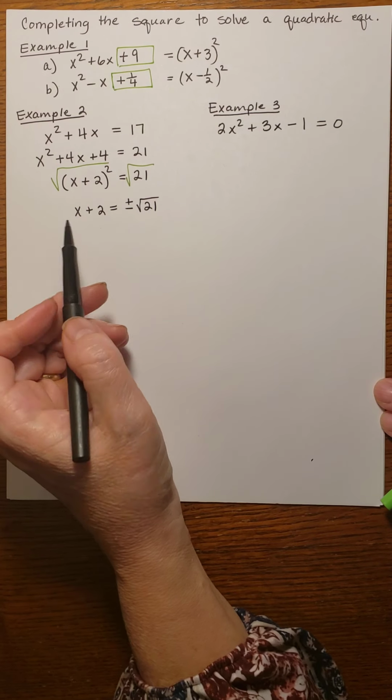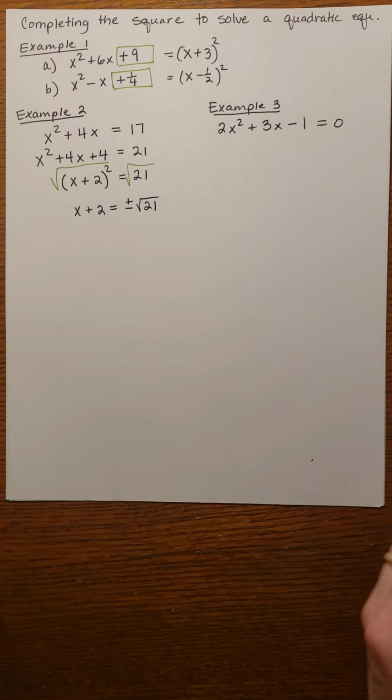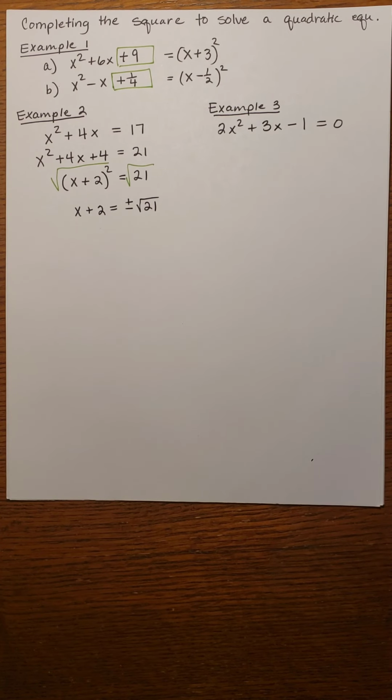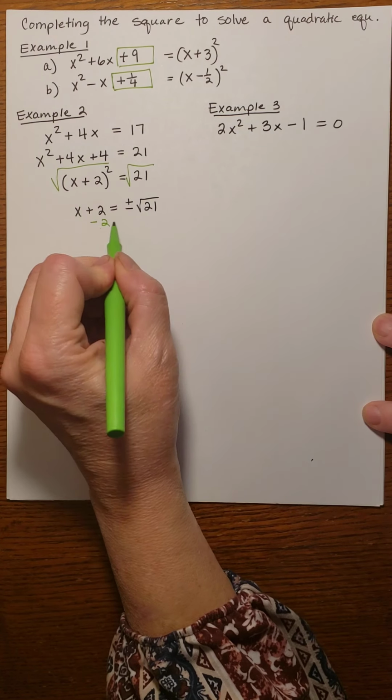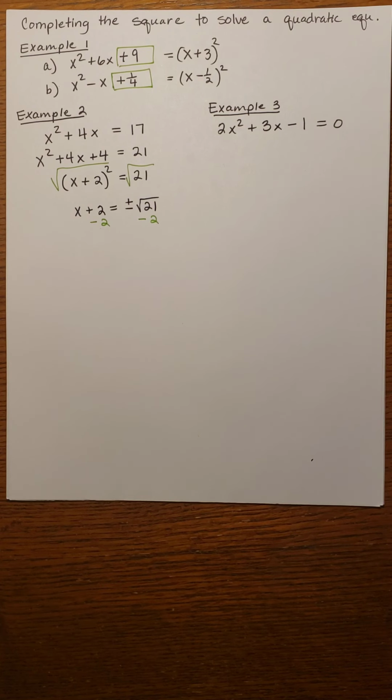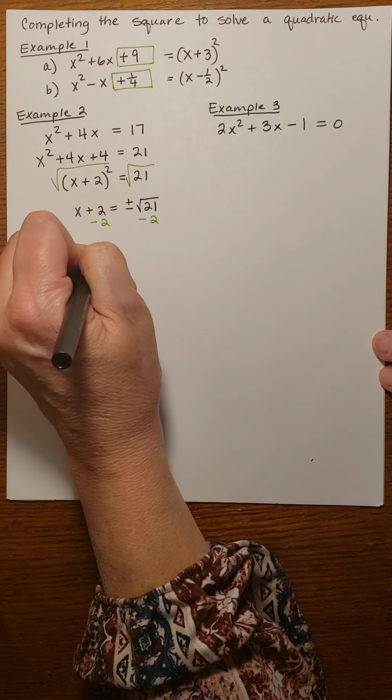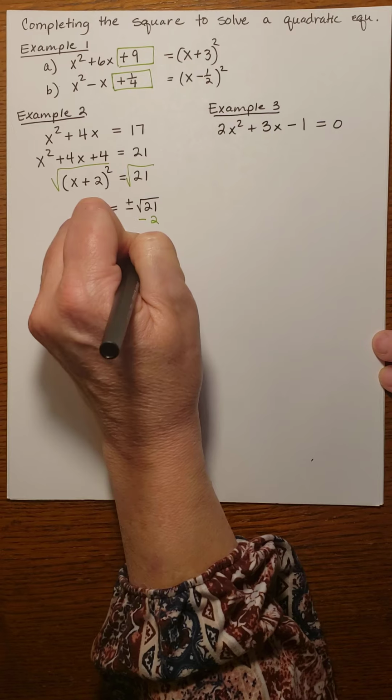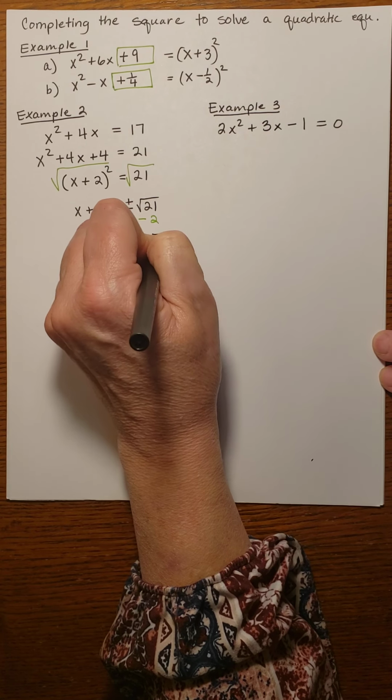And then to solve for x, I'm going to subtract 2 from both sides of the equation. And that gives me x equals -2 plus or minus the square root of 21.